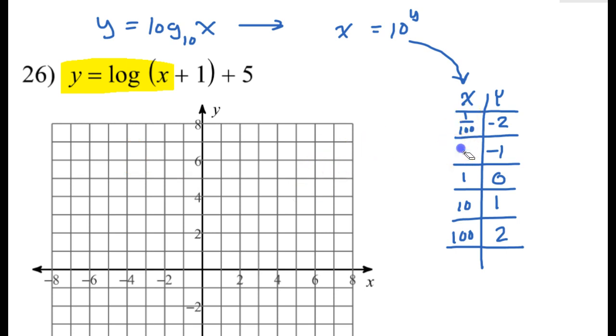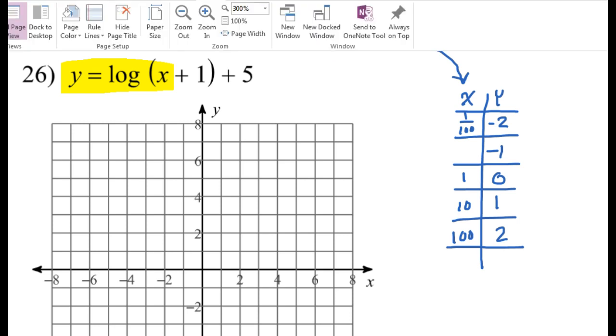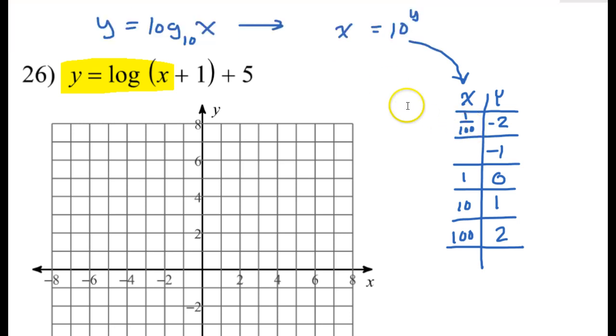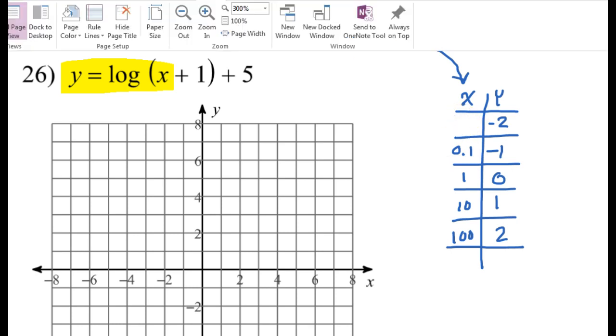Now I think I will go ahead and write these in decimal form. So instead of having 1/10, let's write 0.1. And instead of having 1/100th, that's the same thing as 0.01.